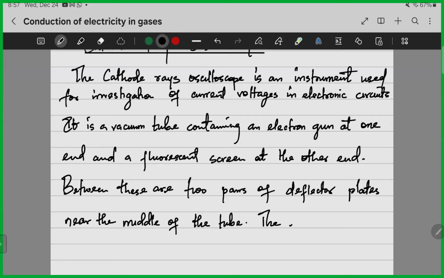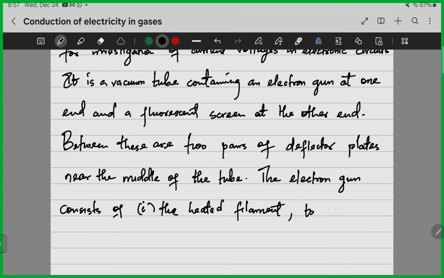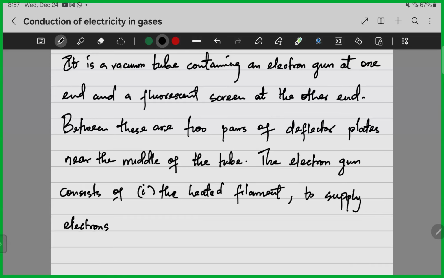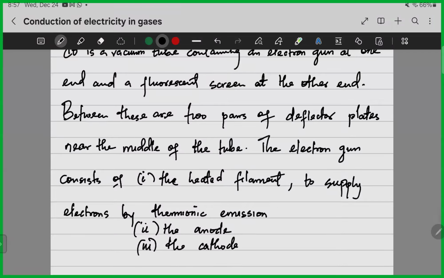The electron gun consists of the heated element to supply electrons by thermionic emission. It will consist of the anode, it will consist of the cathode also, and that's it.